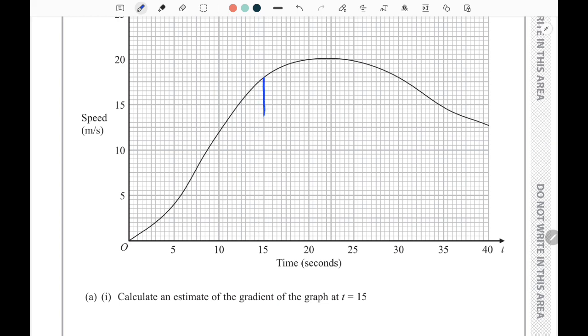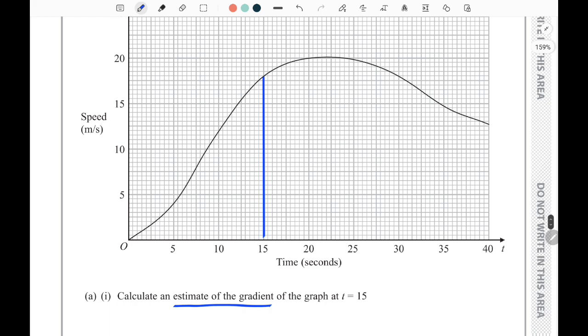So let's jump straight into that. The way to estimate a gradient at any given point on a curve is to try and estimate a tangent. And I'm doing this, unfortunately, without a ruler, so I'm going to have to do this purely by visual judgment, and I've got to be careful how I do this.